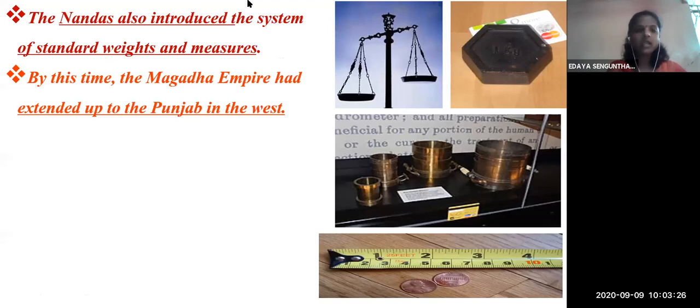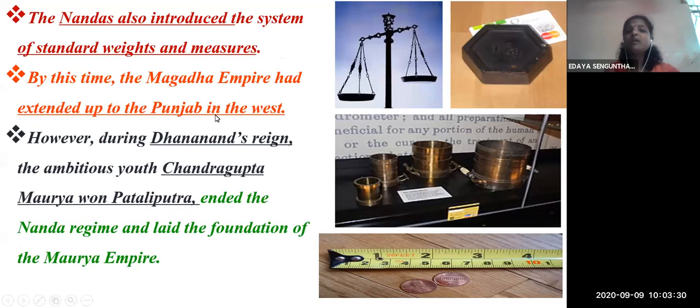Yes, teacher. Okay, by this time the Magadha Empire had extended up to the Punjab in the west, meaning the whole of North India from east to west came under the Magadha Empire. However, during Dhananand's reign, the ambitious youth Chandragupta Maurya, one of the most important kings of India, won Patliputra.